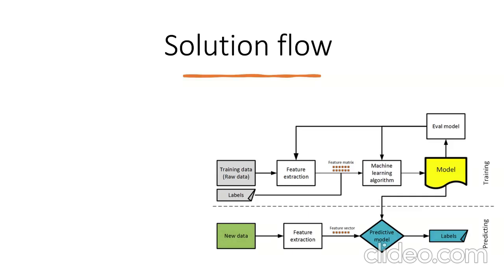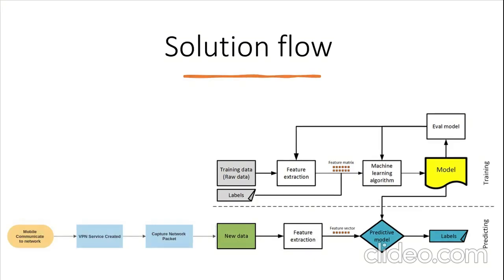To keep an eye on the network, we create a local VPN service to capture the real network packets. It watches all the network traffic and catches any suspicious packet. When it sees something fishy, it looks at the data closely and checks if it is a port scan attack or not.